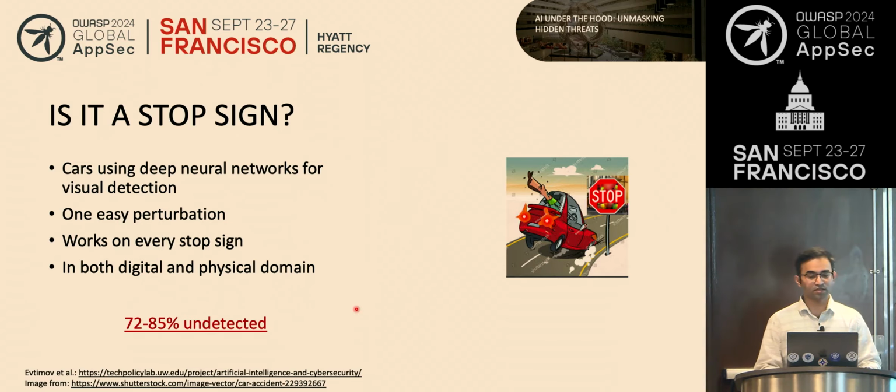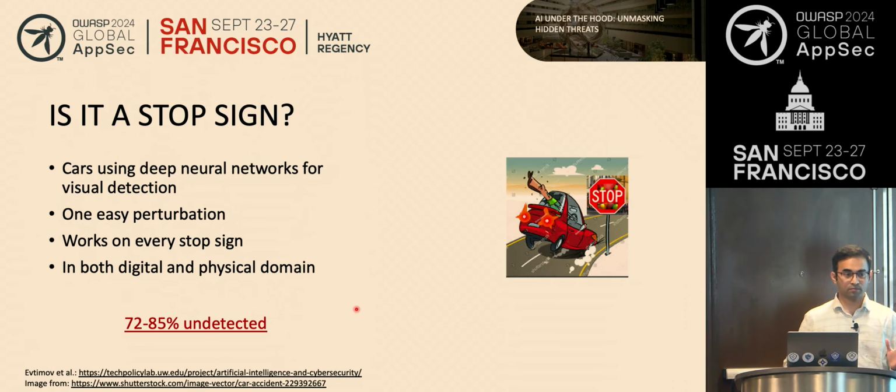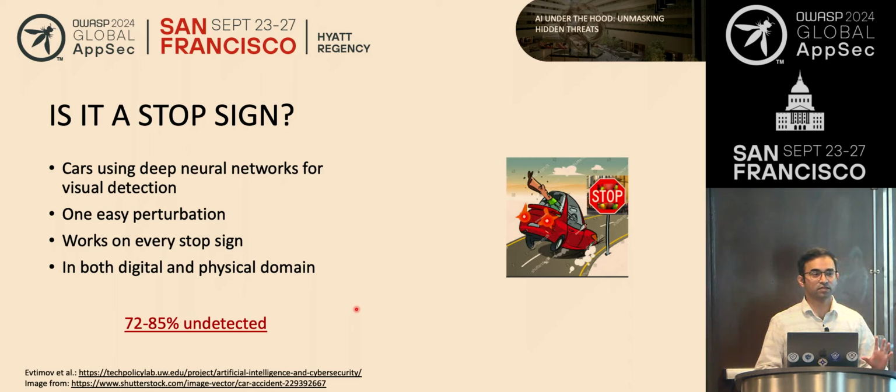So let's see the motivation first. We have seen that many cyber-physical applications use deep neural networks to detect, for example, pedestrian traffic or road signals.